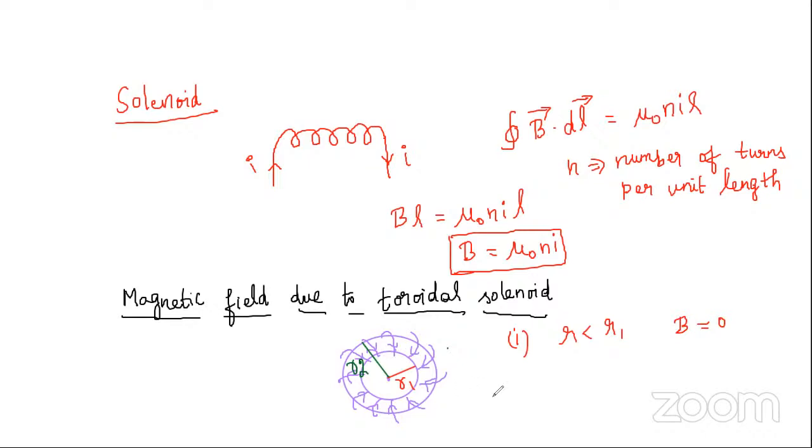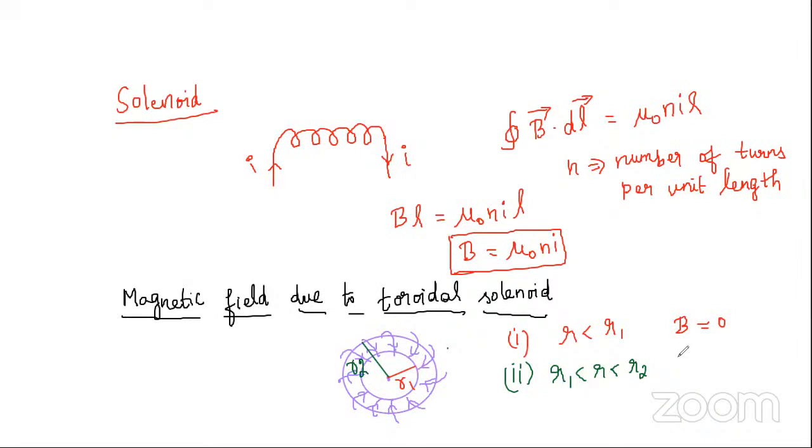The second case is inside the toroid. That means R is greater than R1 and lesser than R2, somewhere in this portion inside the toroid. What is the value of the magnetic field there?